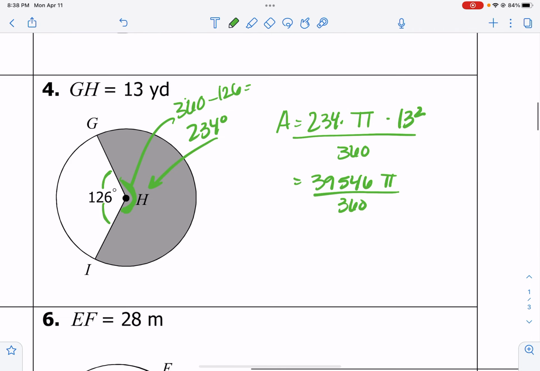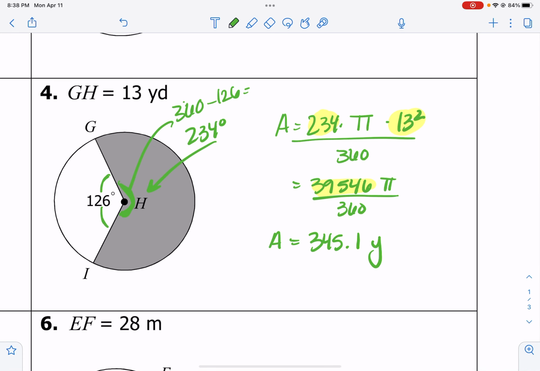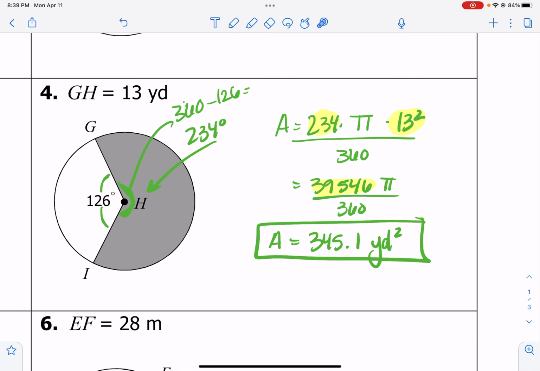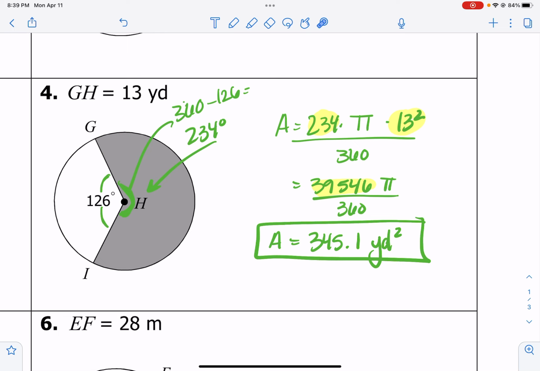Remember, I'm just getting that by multiplying this number and this number to get here. And then when we simplify that, I get 345.1 yards squared. So the additional step here was having to find what the angle was that I need. You were given enough information, you just needed to know that you had to find it.